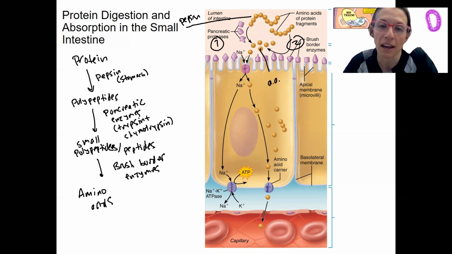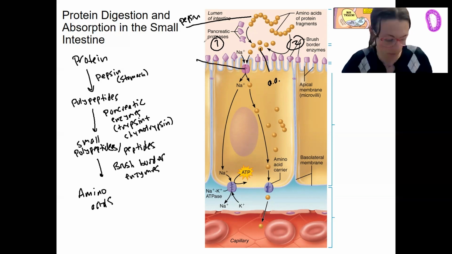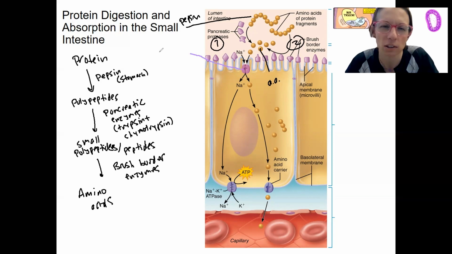We are going to use a different color. What do you think the name of this transporter is? The one I'm about to label here. What is it called? It is a sodium amino acid co-transporter. So co-transport usually uses sodium very commonly because we've got that sodium gradient.